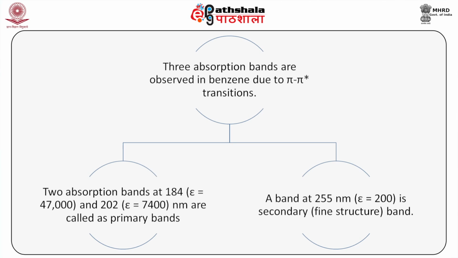2 absorption bands at 184 nanometers, having an Emax value of 47,000, and 202 nanometers with an Emax value of 7400, are called primary bands, and a band at 255 nanometers having an Emax value of 200 is secondary, which comprises the fine structure.